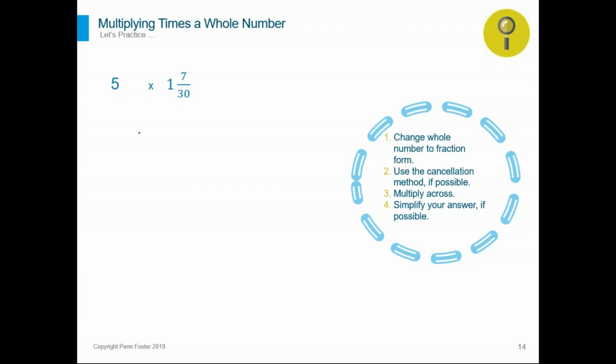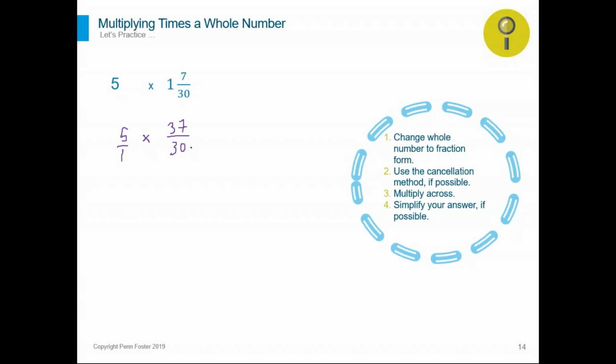Just rewrite it as 5 over 1, because 5 over 1 is basically 5. It just looks like a fraction, so it makes sense when we multiply it times another fraction. This is a mixed number, we cannot keep it as is. We have to change to an improper fraction. 1 times 30 is 30, plus 7 is 37 over 30.